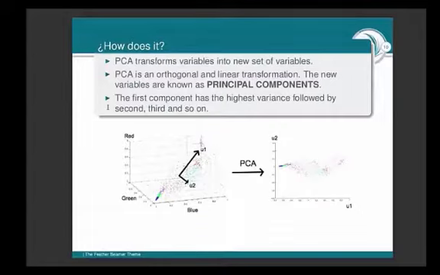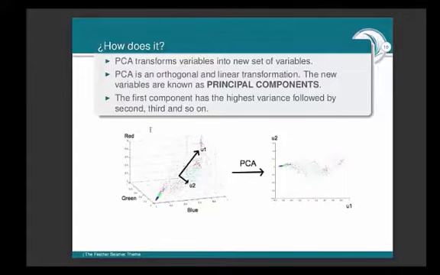The new variables are known as principal components. Initially, there are the same number of features as principal components, and these mustn't be correlated.